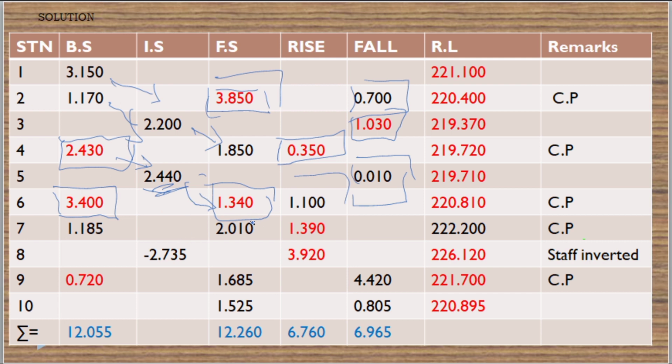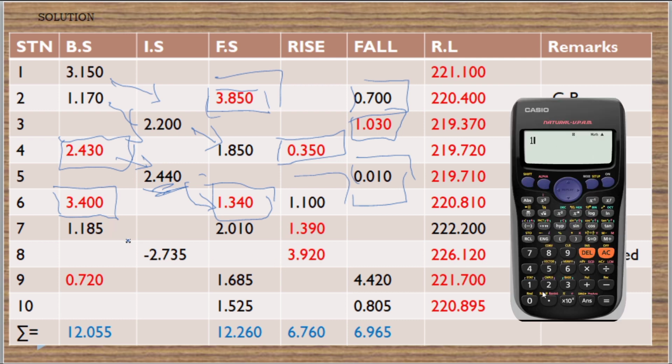So we move on to the next positioning. Here under station 7, 1.185 minus this, which was held inverted, so our answer becomes a positive. So there we have a rise of 3.92.